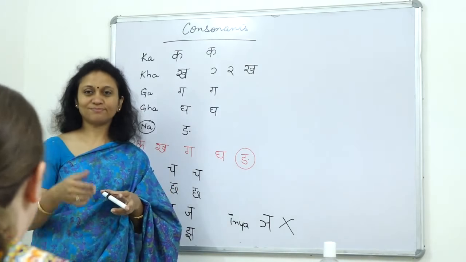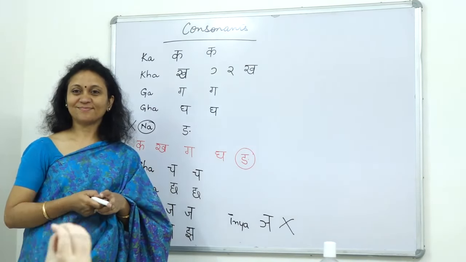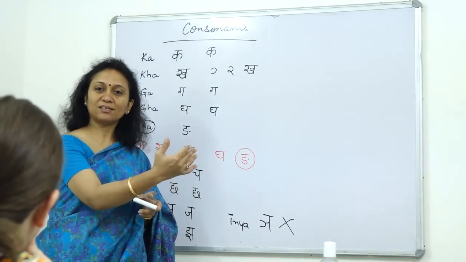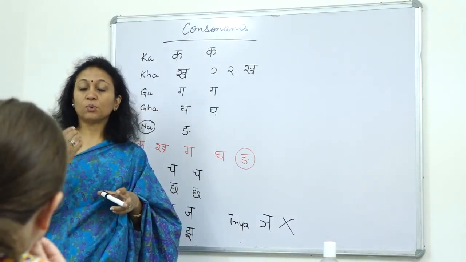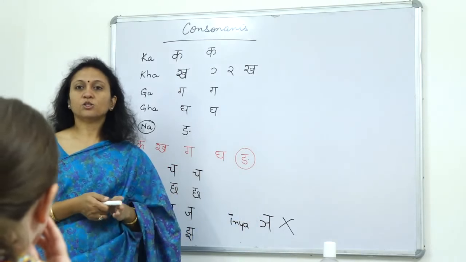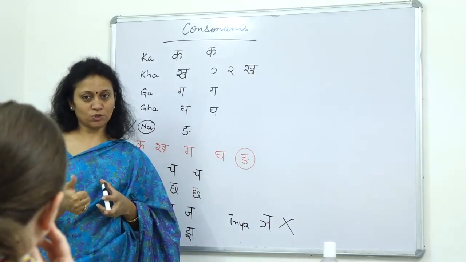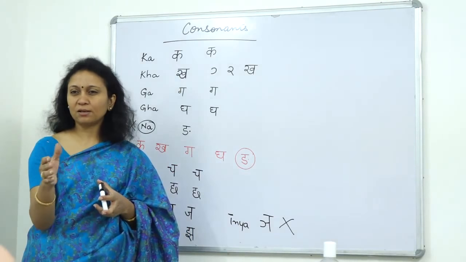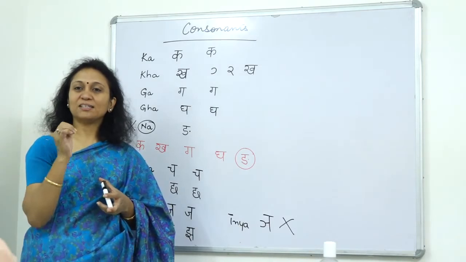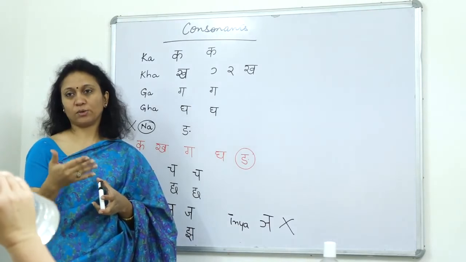It's somewhere between yours and mine. I feel like I can do it either as one sound or as two sounds. That's because when you're doing it together, it makes a problem. But when you're going to say the words, you will never be narrating this to anybody. With the context, people will understand what you're saying. So even if a sound is a little right or left, it really doesn't matter. As you go speaking it, you will get it slowly and gradually.